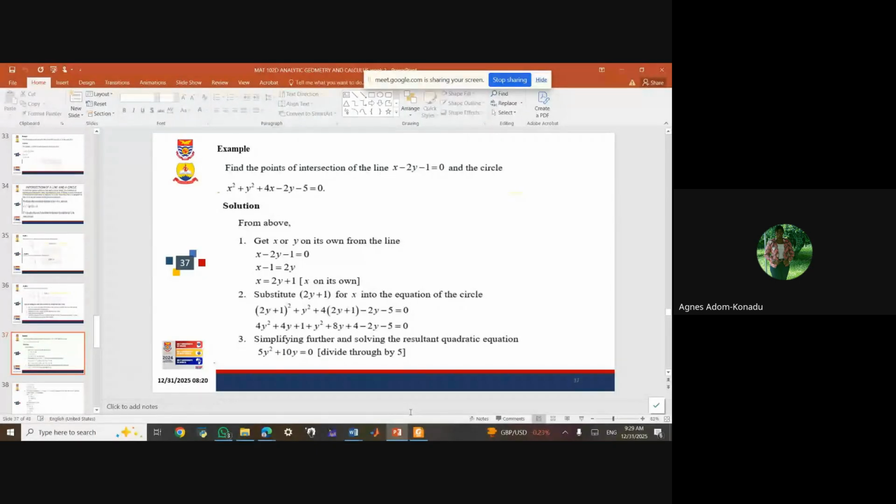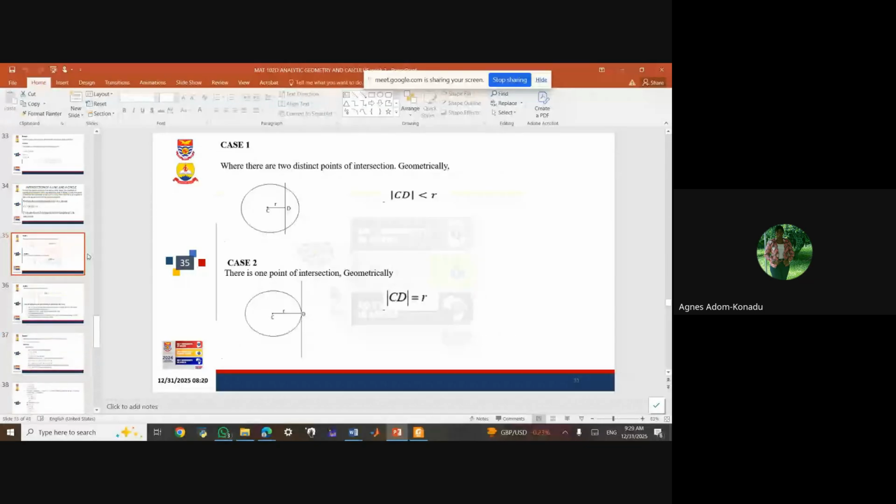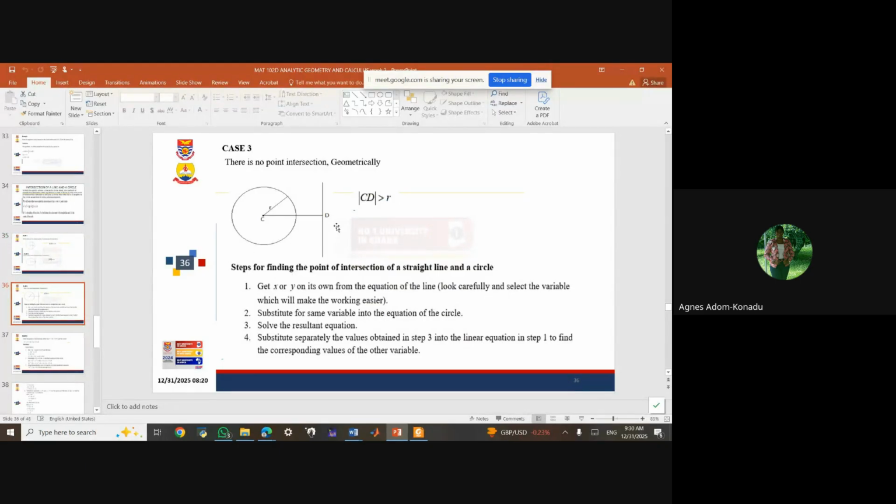Okay, thank you. So we want to find the points of intersection of the line x minus 2y minus 1 equal to 0 and the circle x squared plus y squared plus 4x minus 2y minus 5 equal to 0. And we know that to consider a point of intersection, we have three cases: either the line will be a chord, a tangent, or there will be no point of intersection.